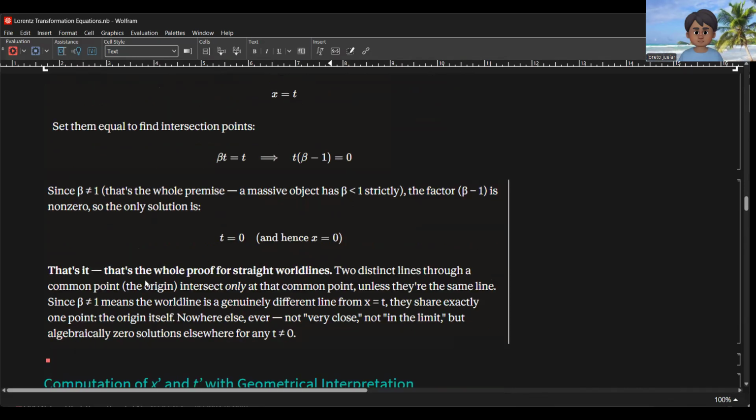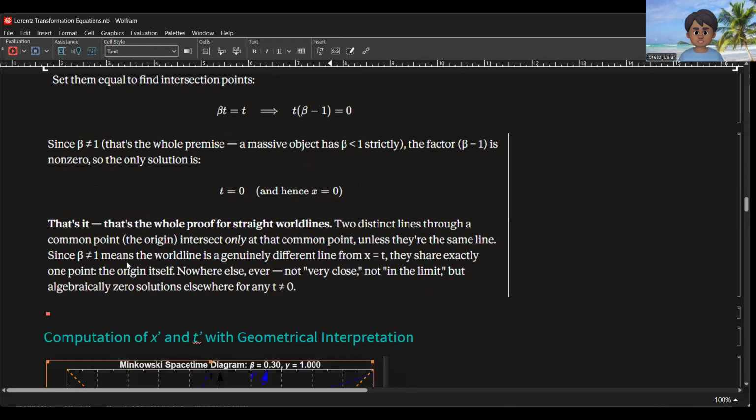So that's the whole proof. For straight world lines, distinct lines through a common point, the origin, intersect only at that common point, unless they are the same line.